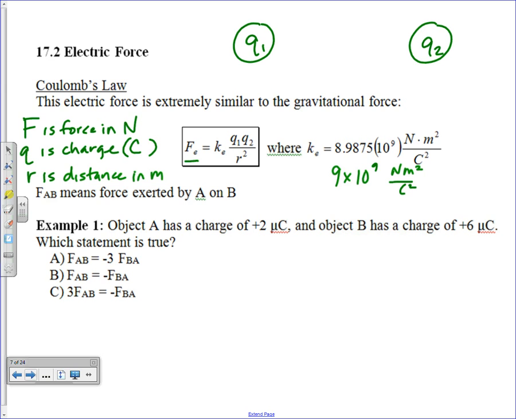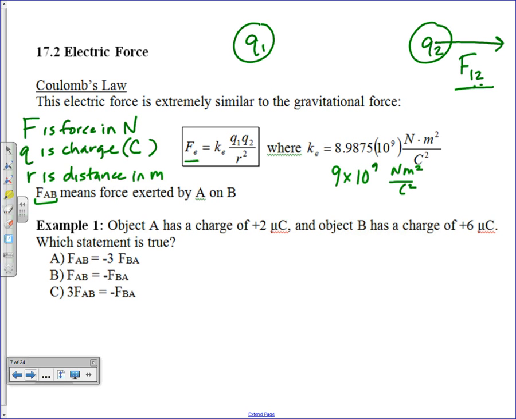If you see something like this, FAB means the force exerted by A on B. So in this case, if I wanted to draw a force between Q1 and Q2, this would be the force of object 1 on object 2.